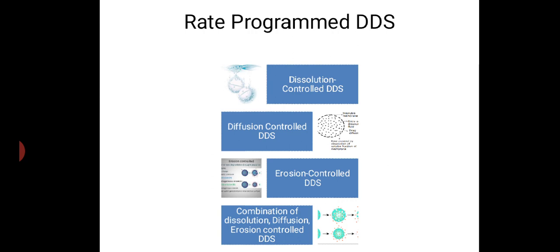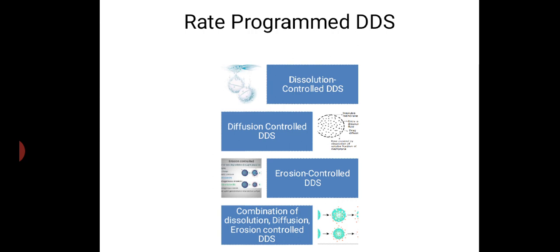Slowly, the dissolution fluid penetrates the diffusion membrane and it reaches the core of the tablet. After reaching the core of the system, it dissolves the drug molecule within the core. Now, some of the drug molecules exist in the dissolved or solubilized manner. Some are still existing in the solid state itself.